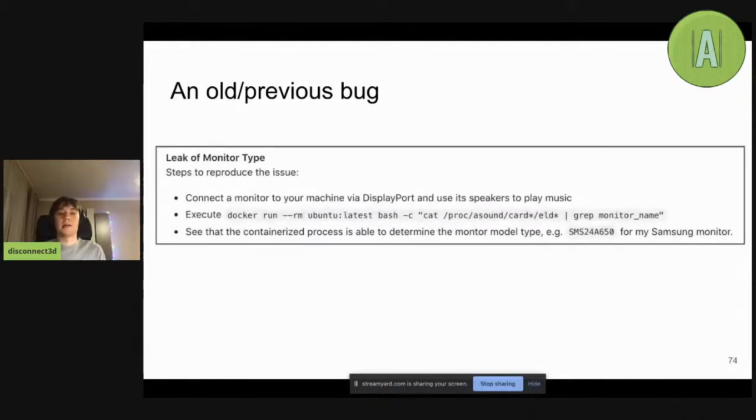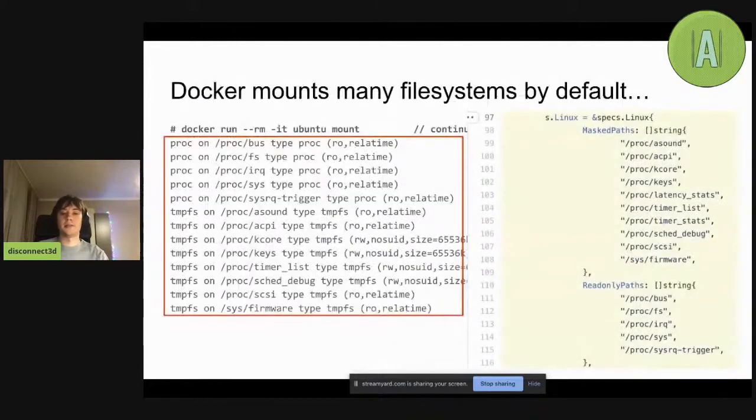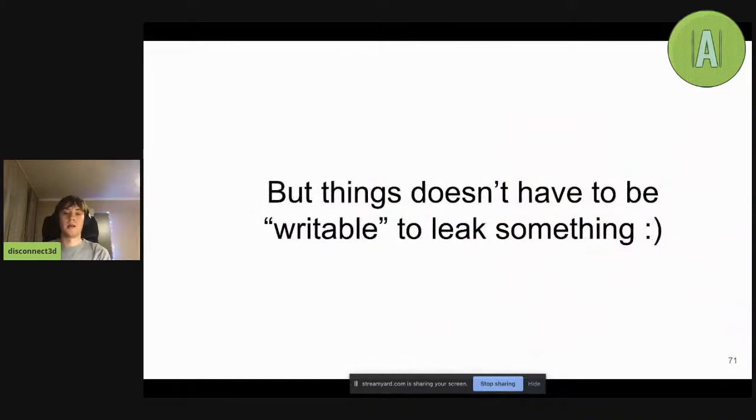And a similar bug in this proc asound path was with leaking of monitor type. So that's why they actually disable some of those paths there. This is an old bug, and it was already fixed by adding it into the masked paths. As you can see, the first path, proc asound, is the one that caused this bug.